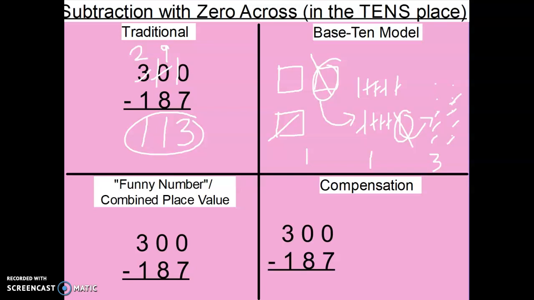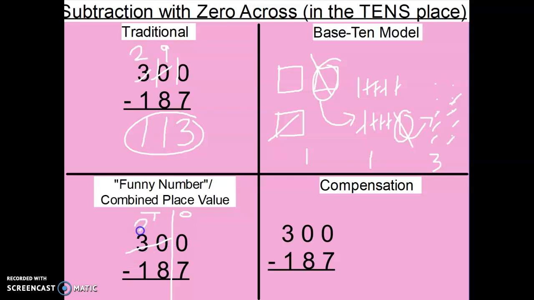So, funny number, also called combined place value. Instead of telling them we have 300, we're going to decompose the number first. So we're going to say we actually have 0 ones and 30 tens instead of 300. When I go next door and borrow this time, I'm borrowing just 1 ten from 30 tens.